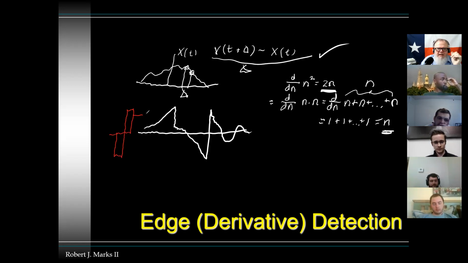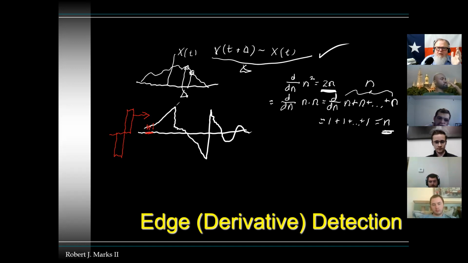And we were going to slide this window across this function x of t at every point. Where it's kind of a constant, it would be this first part minus the second part. So we get something like 0, wouldn't we?